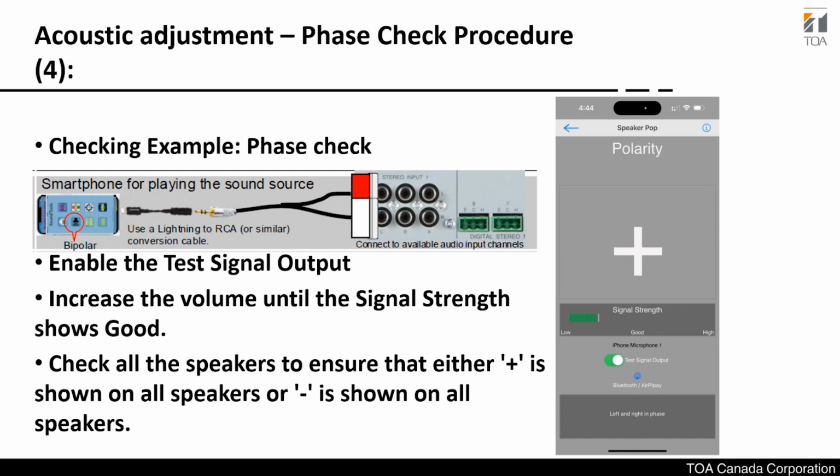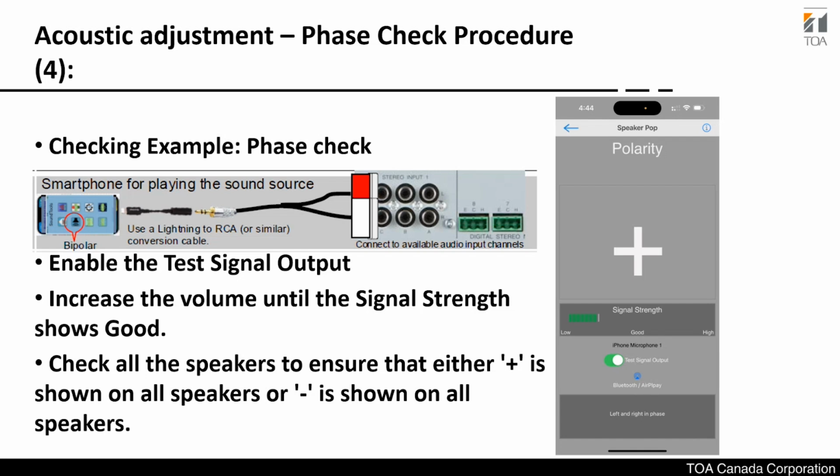In the app itself, you enable the test signal output, so there will be a pop sound coming out from your smartphone and delivered to the mixer. If you are in phase, or in the correct polarity, a plus sign will show up. For example, if you are testing a right and left speaker, you put the smartphone closer to the right-hand side of the speakers and you get a plus, a positive sign.